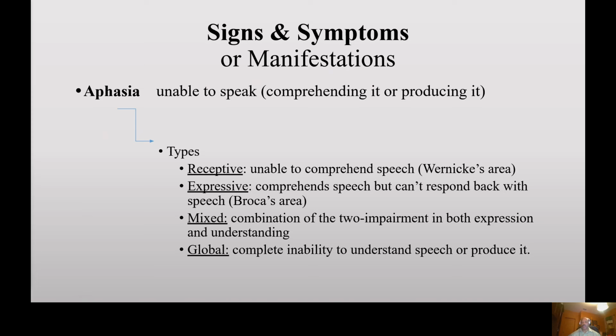Now, aphasia occurs when a stroke damages the dominant hemisphere of the brain. So if your left brain is dominant, and if the stroke damages that part of the brain, then it is likely that your patient may experience aphasia.